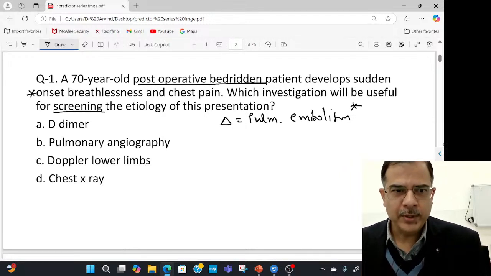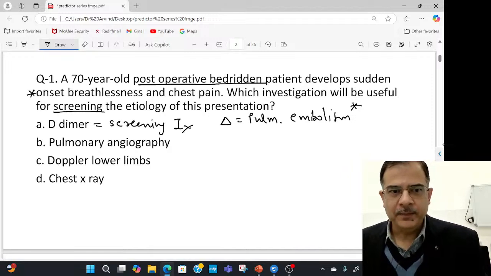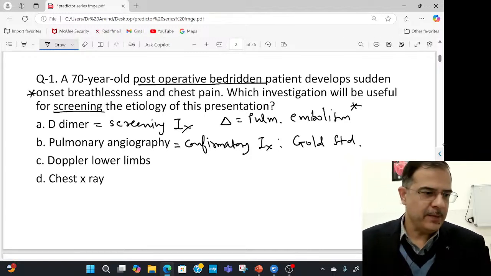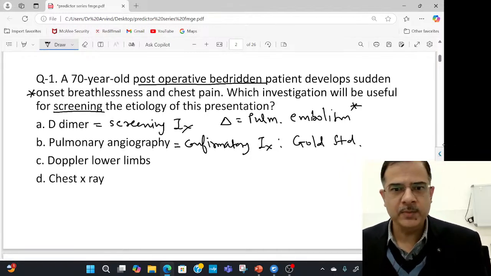For pulmonary embolism, D-dimer is considered the most sensitive test, and hence it is a screening investigation, while pulmonary angiography is a confirmatory investigation, or you can say it is the gold standard investigation for diagnosis of pulmonary embolism.